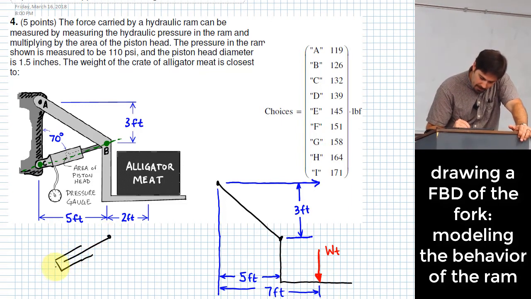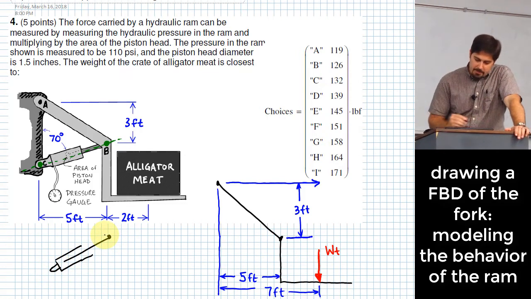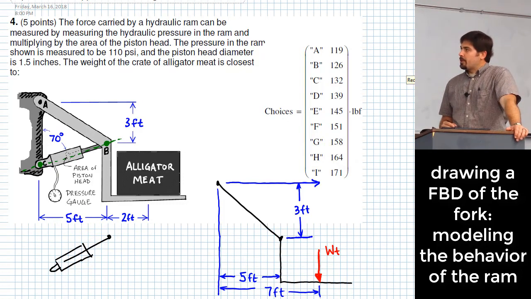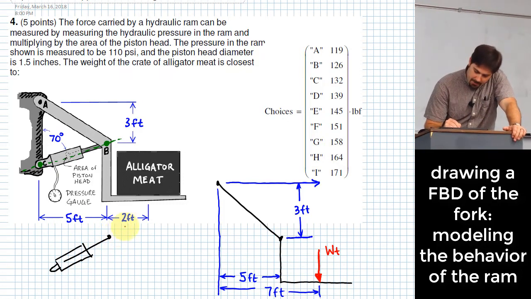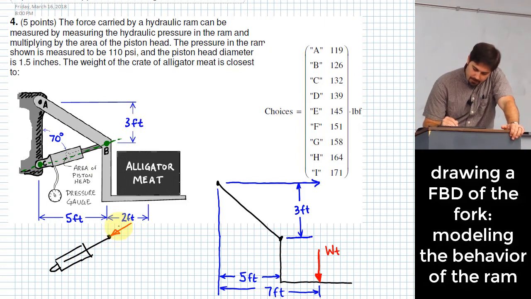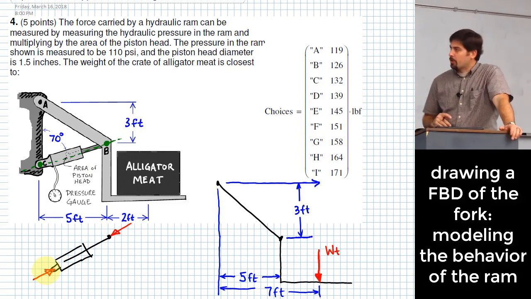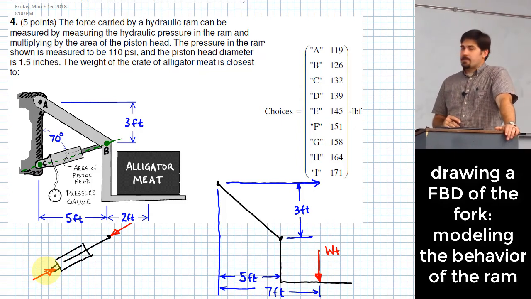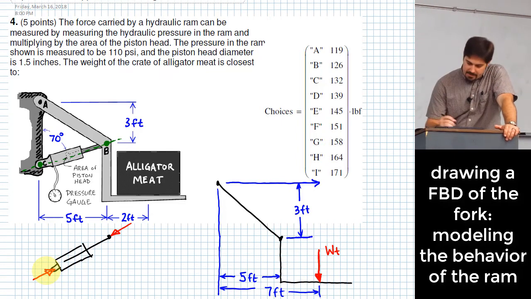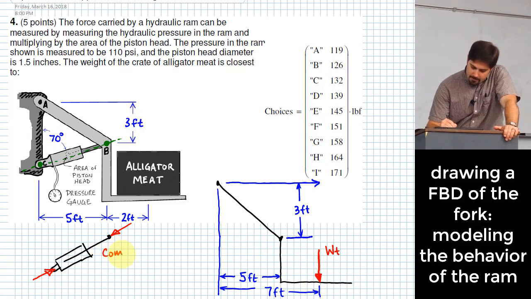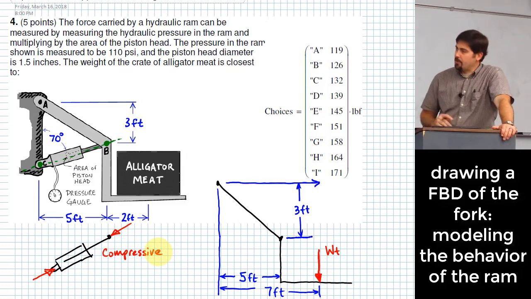There's a couple of different ways that this body could experience this force, right? One way it could experience force is that it would try to make it shorter. If the forces acting on the hydraulic ram try to make it shorter, it would be like this, right? Those would be the forces acting on the ram. This is a compressive force that I've shown right here.